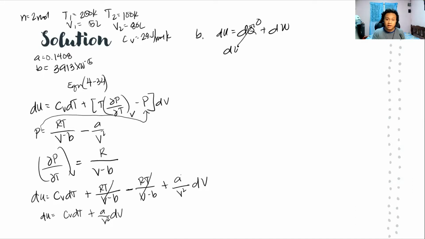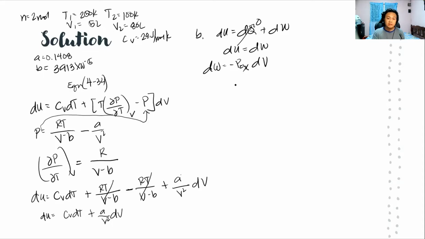And then we are left with dU equals dw. We have dU here, that's the first one. But we don't have yet our dw equation. So dw is equal to negative P dV.